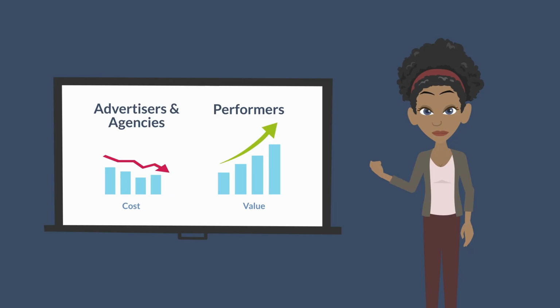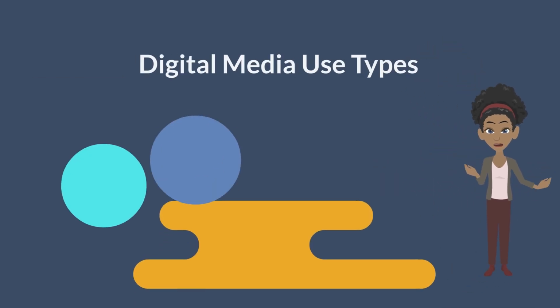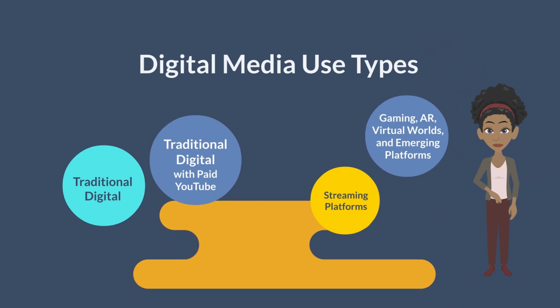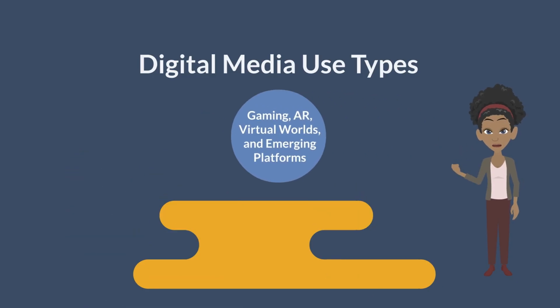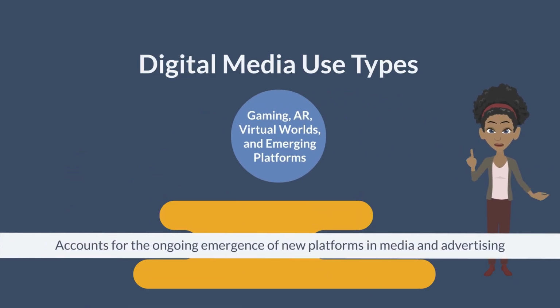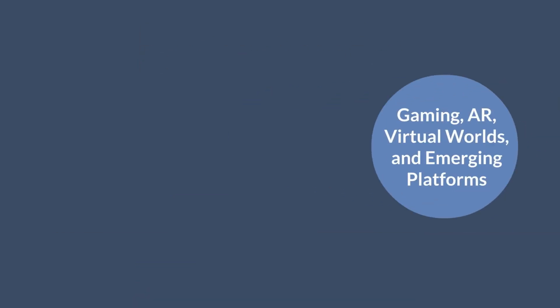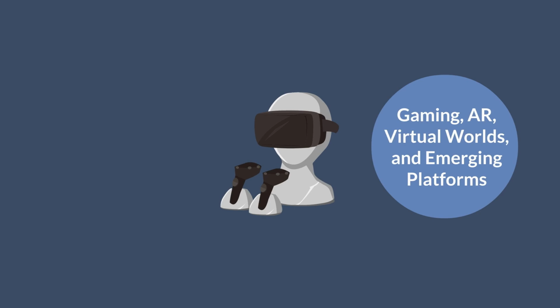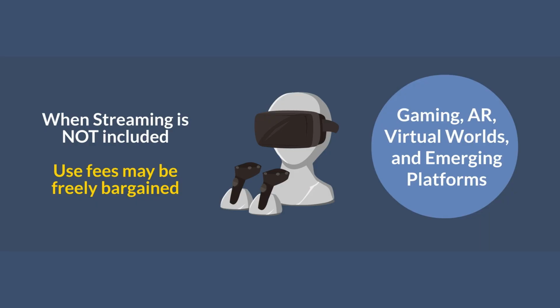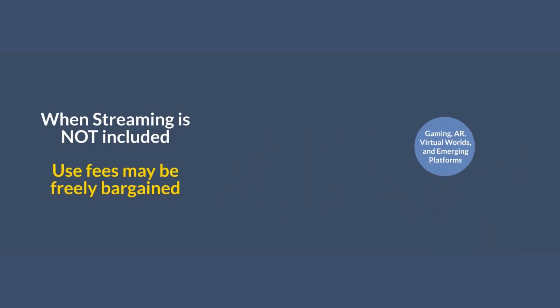And now for the last media use type, gaming, AR or virtual worlds, and emerging platforms, which accounts for the ongoing emergence of new platforms arising in media and advertising. When advertisers pay performer fees to create commercials for use on these platforms and streaming is not included, use fees for gaming, AR or virtual worlds, and emerging platforms may be freely bargained.